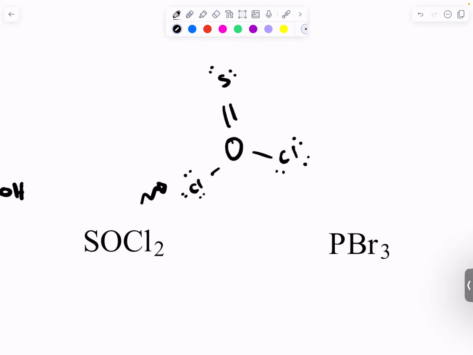Also, considering that Cls are a little bit more electronegative than Os, you can see that they're pulling a little bit to make that oxygen partial positive. So I would be leaning towards a Lewis acid.